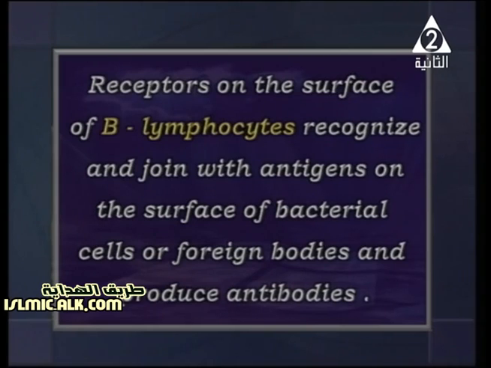Why? To let the immune system see and observe this type of invasion by the antigen on the surface of the bacterial cells or foreign bodies, and after that they produce antibodies. So antigens are related to the bacterial cells, while antibodies are related to the B lymphocytes for recognizing the antigens.